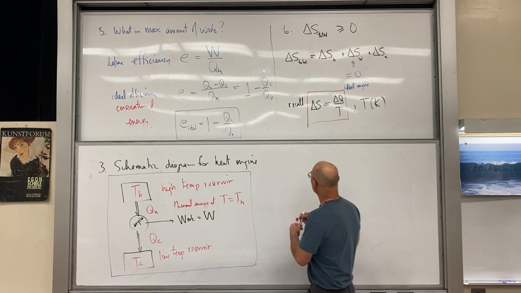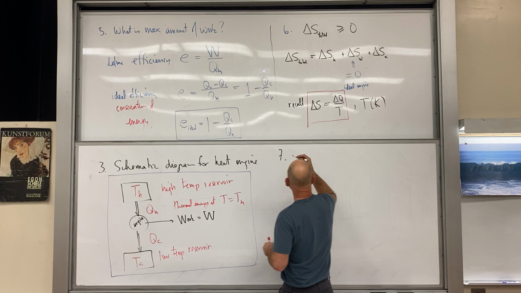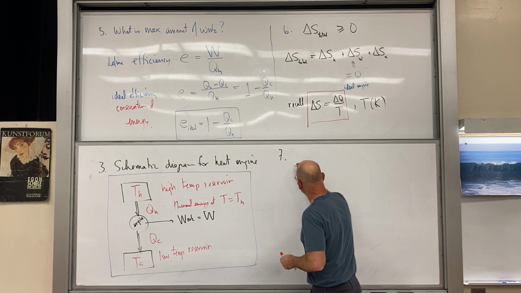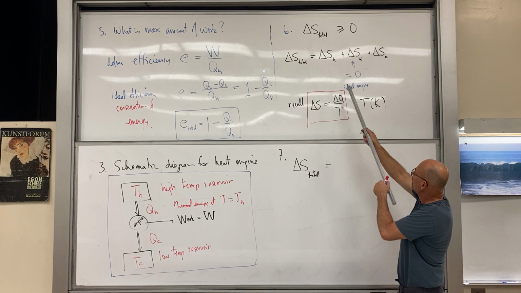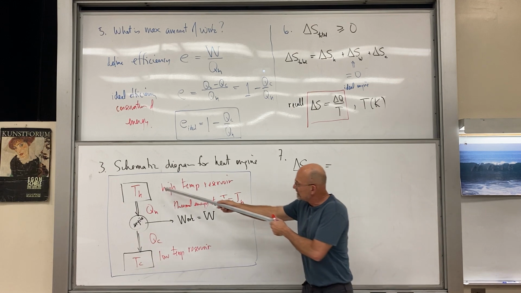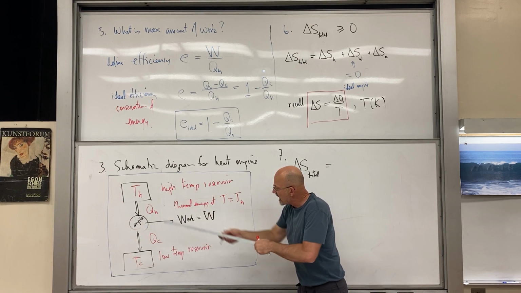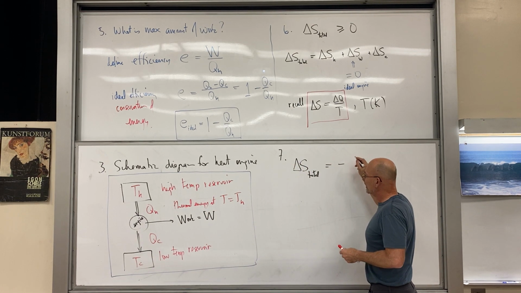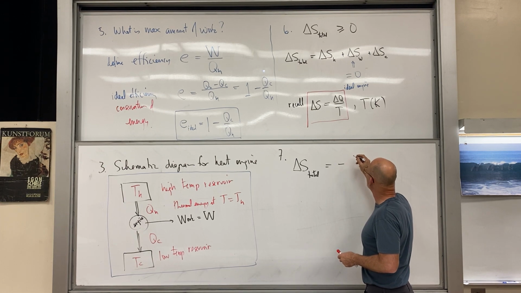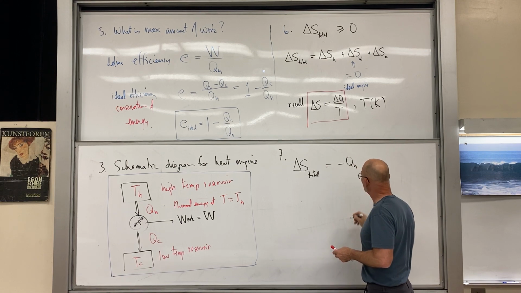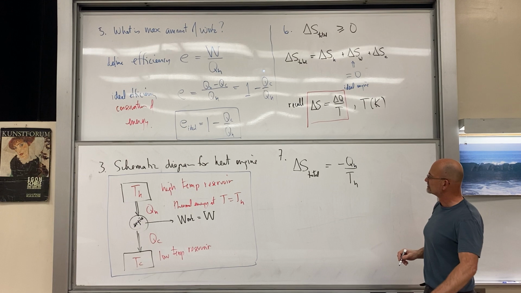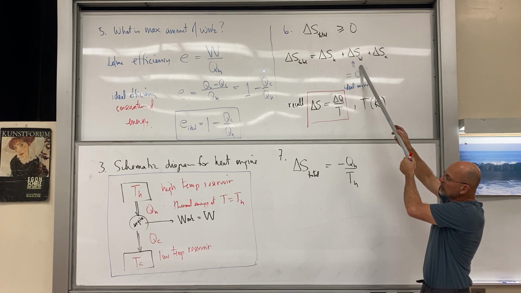So now we have delta S total equal to this delta SH, the energy flowing from the hot reservoir, so it's minus Q sub H over T sub H. There's nothing going on with the engine there.